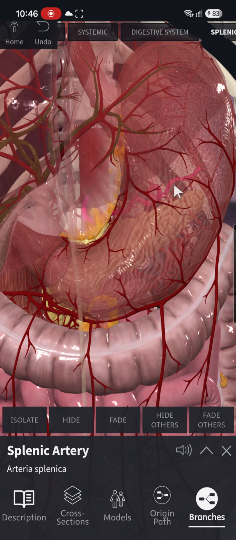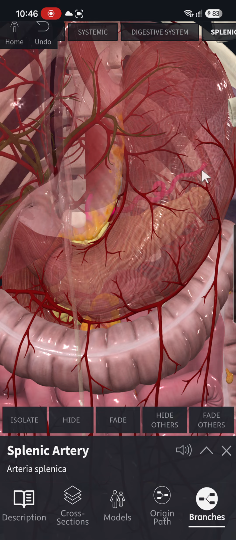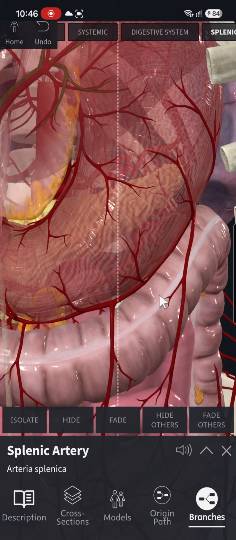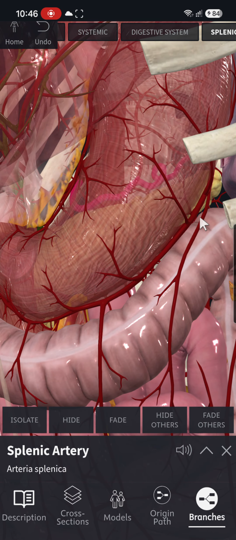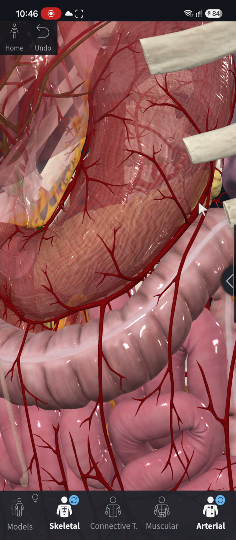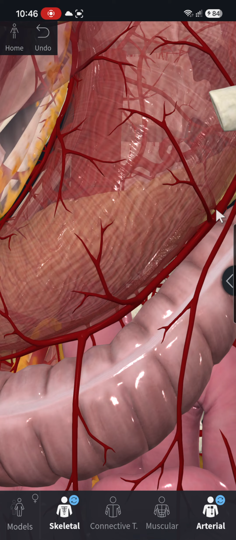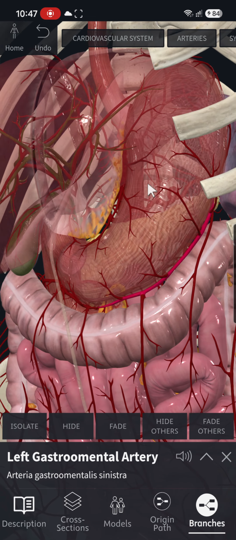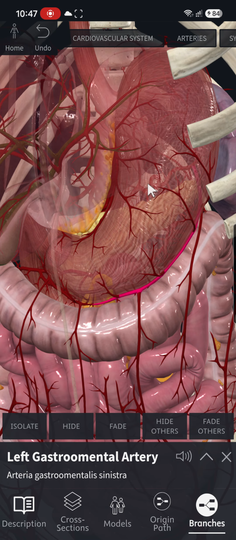right? The splenic artery right here gets into the spleen, and then it gives off one of its main branches, which is the left gastroepiploic artery, right here. This is the left gastroepiploic artery right here, the branch of the splenic artery, and it supplies the greater curvature of the stomach.